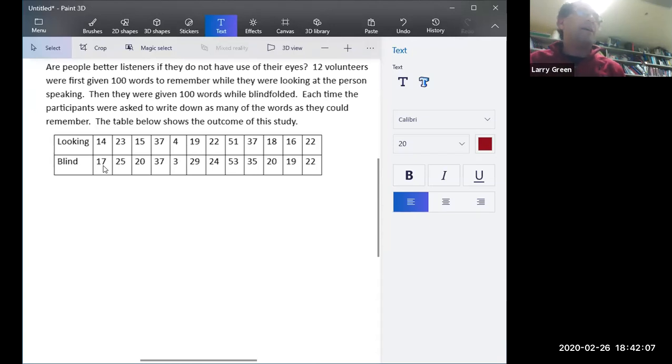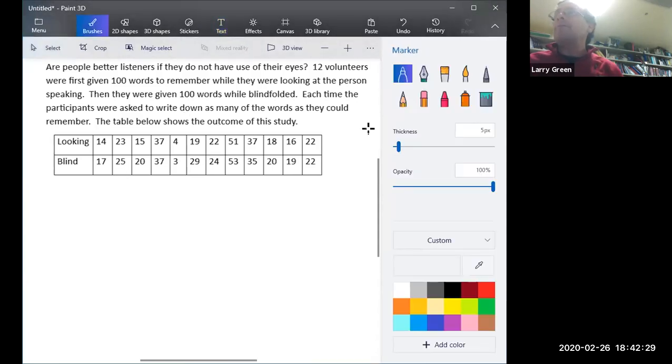Any questions on that? And when you have one person or one thing have two results, that's dependent. Whereas if this 14 and 17 did not come from the same person, then it would be independent. Any questions on the difference?